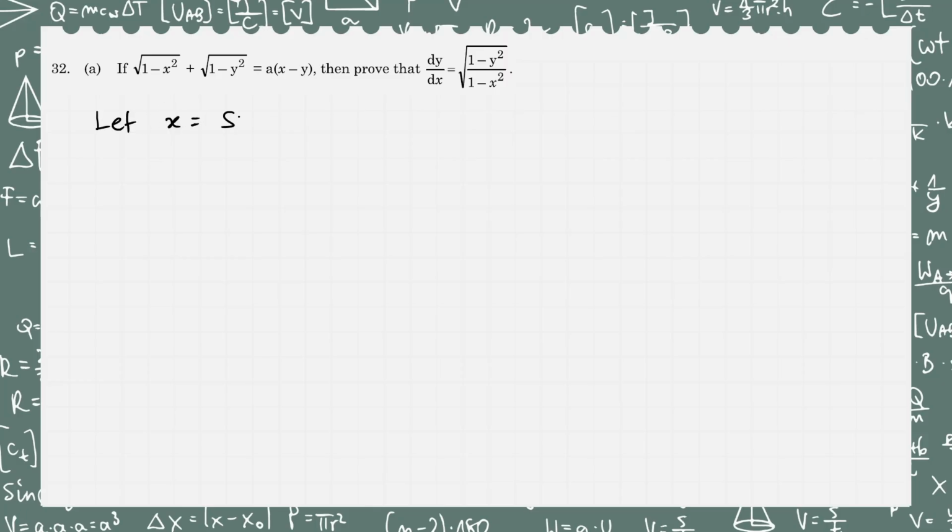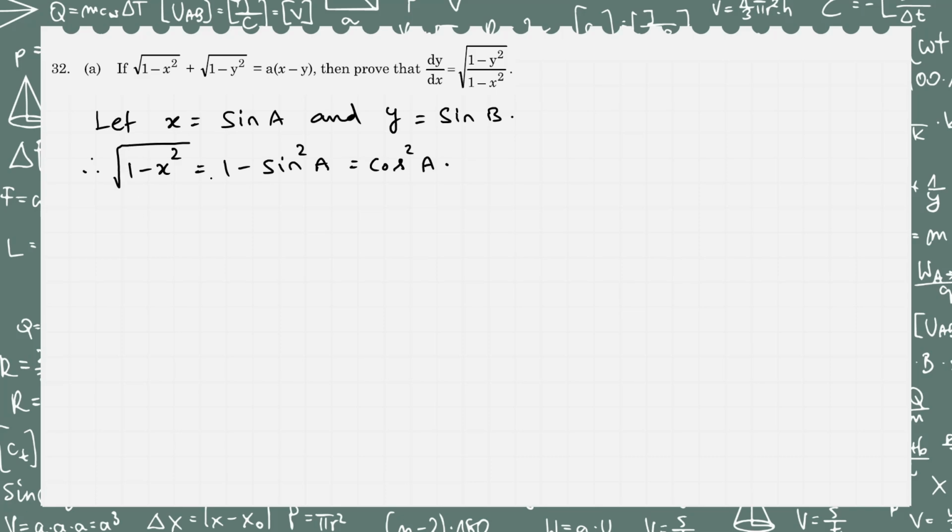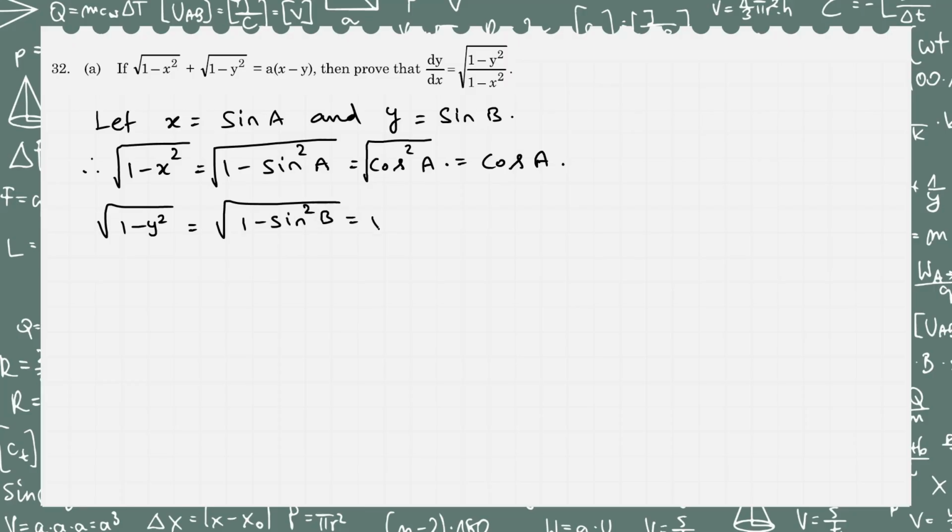Let x equal to sin A and y equal to sin B. Therefore, 1 minus x square equal to 1 minus sin square A, which is cos square A. So square root of 1 minus x square will be square root of cos square A, which is cos A. Same way, square root of 1 minus y square will be square root of 1 minus sin square B, which is square root of cos square B, which is cos B.